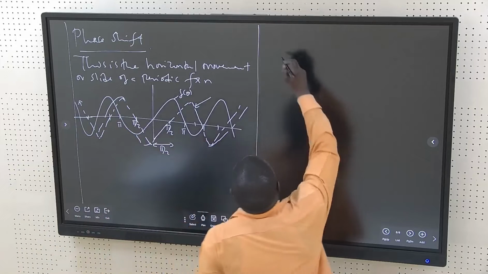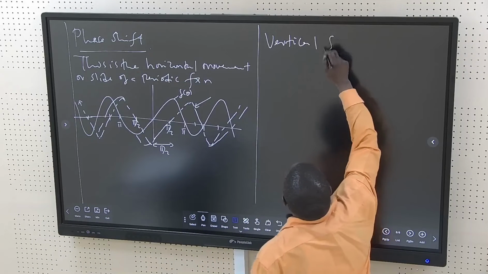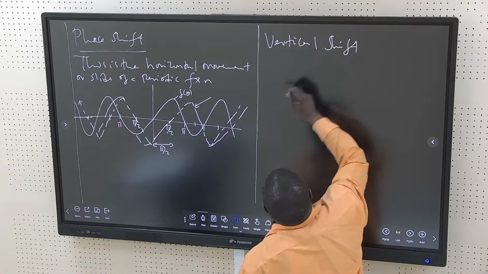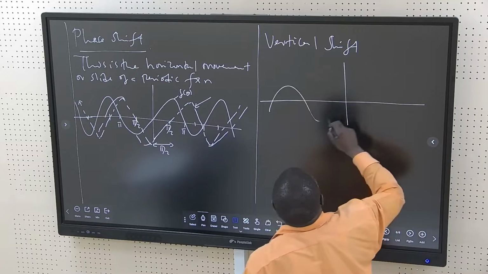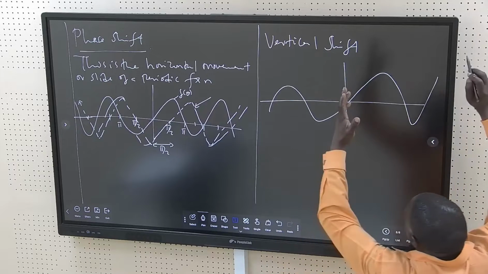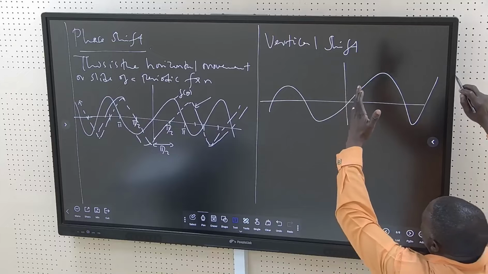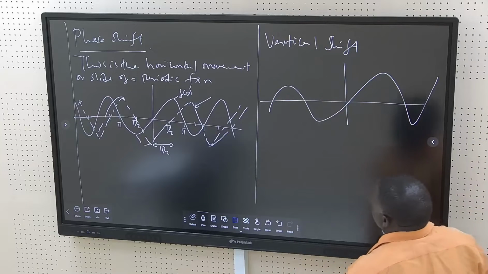We also have this term known as vertical shift. Suppose we have a function like this one. It can move either upward or downwards.